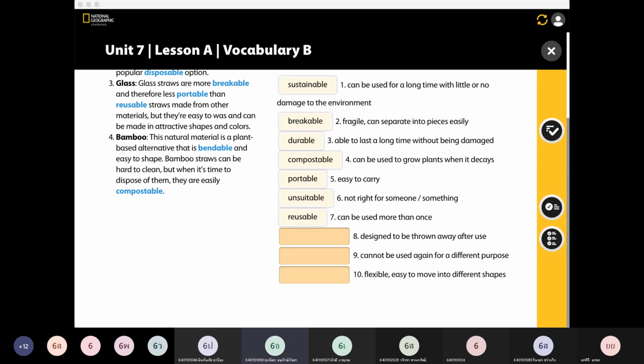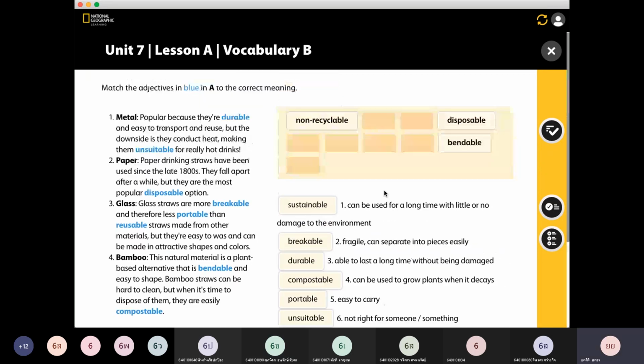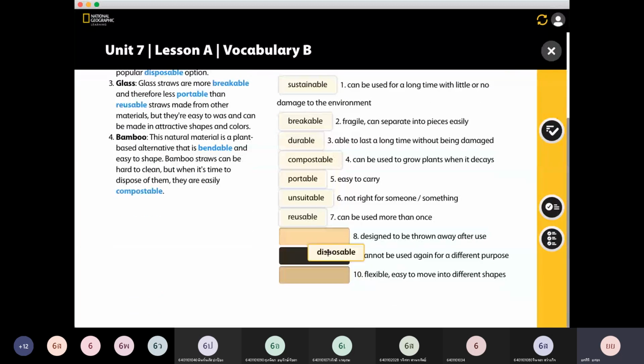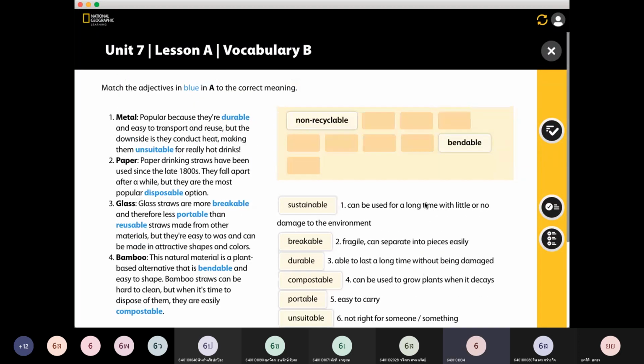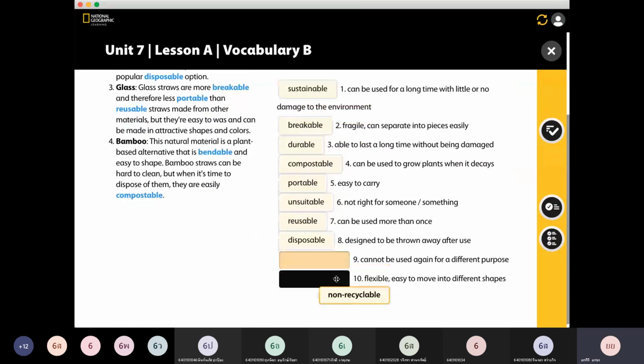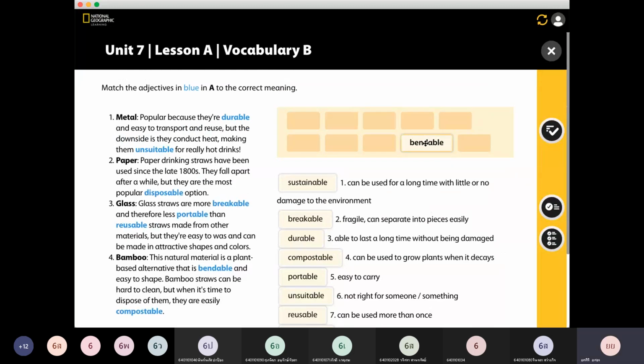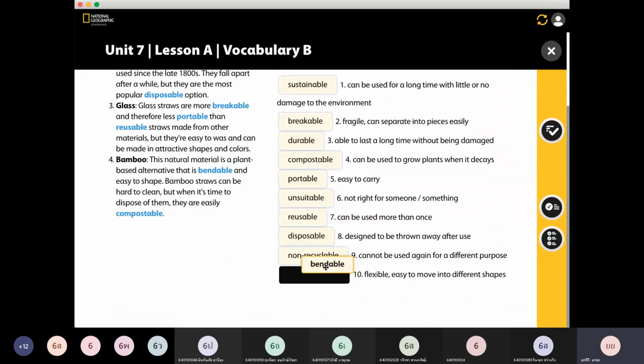Number eight, disposable. Number nine, non-recyclable. And number ten would be bendable.